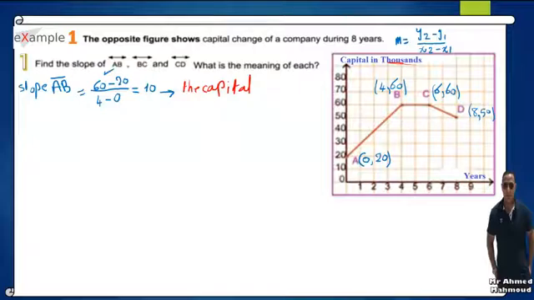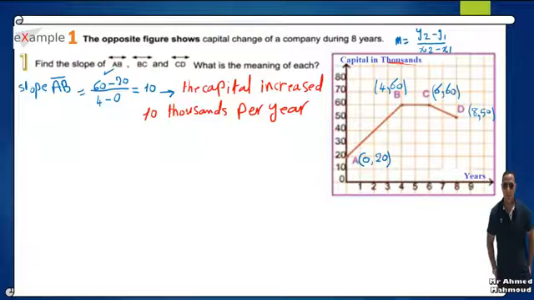Because the slope is positive, the capital increases by 10,000 per year.